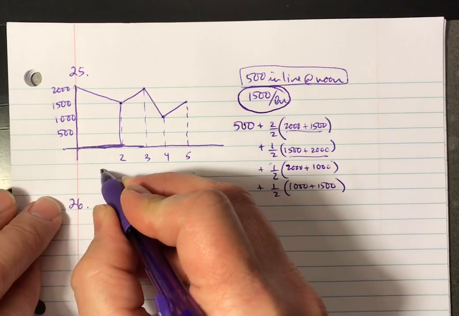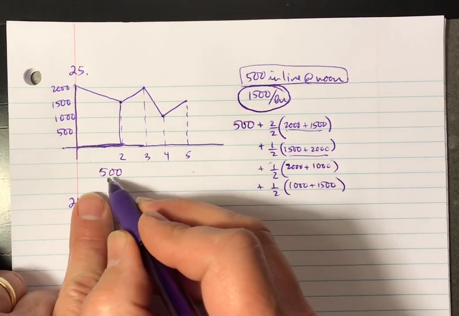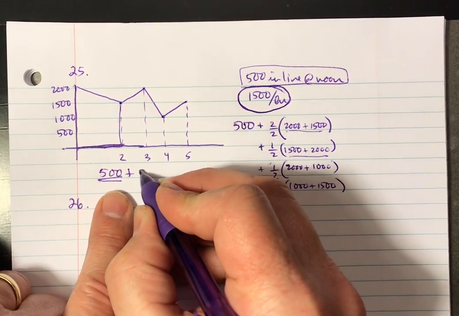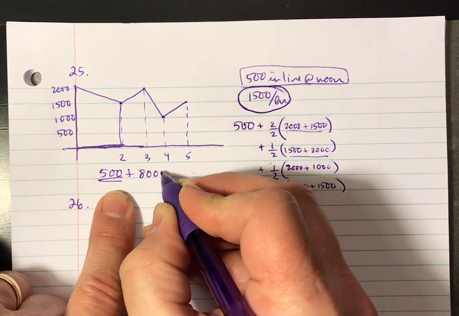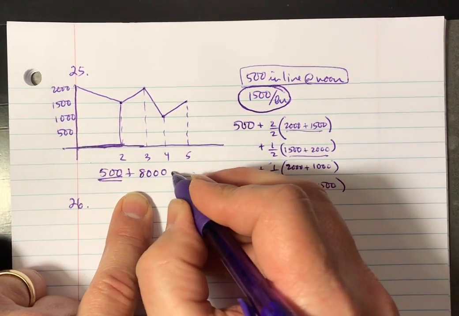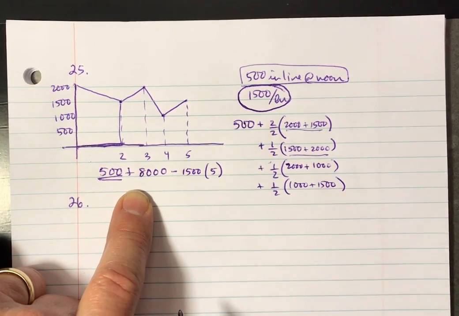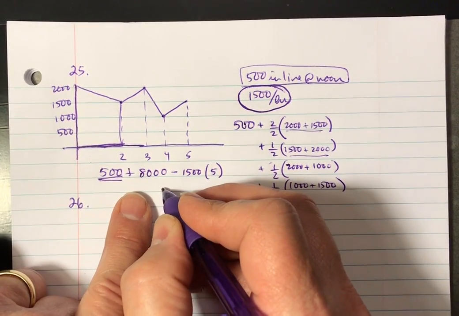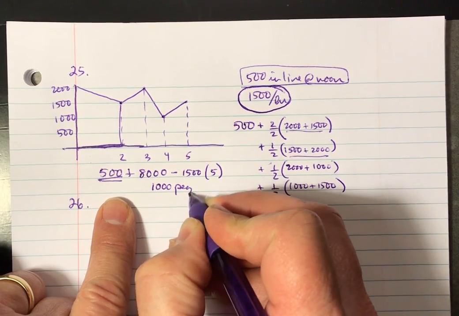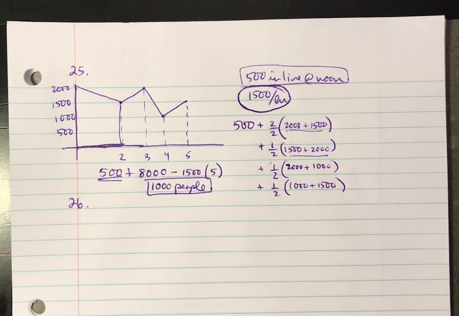So we take the total that stood in line, the 500 plus the 8,000 here, and then subtract 1,500 per hour times 5 hours, and we end up with a total of 1,000 people. It turns out to be 1,000 people there.